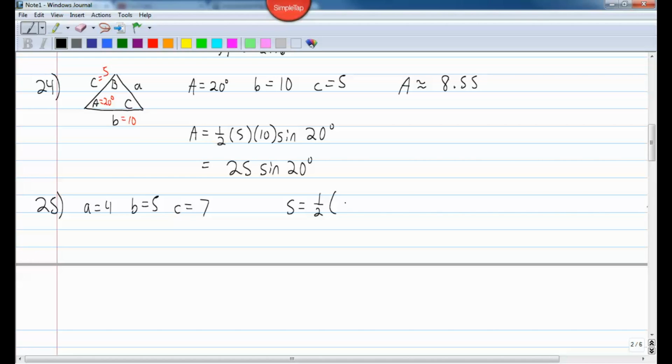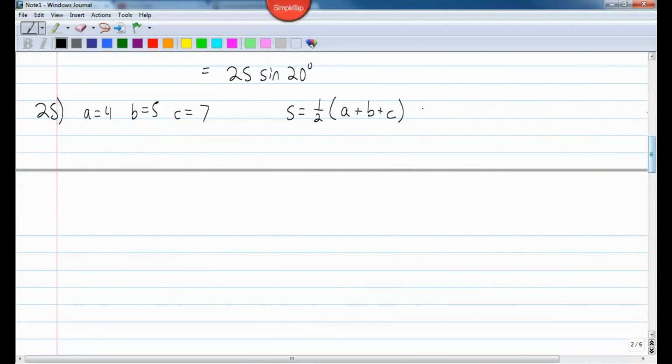So for Heron's formula, first we need to calculate what is s. Alright, so s is going to equal 1/2 times 4 plus 5 plus 7. So that's going to be 1/2 times 16, or 8.